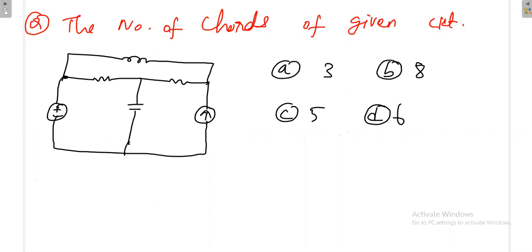What is the solution? How many chords are there in the given circuit? What do you mean by that? Links. Links, sir. How many links are there? 3.